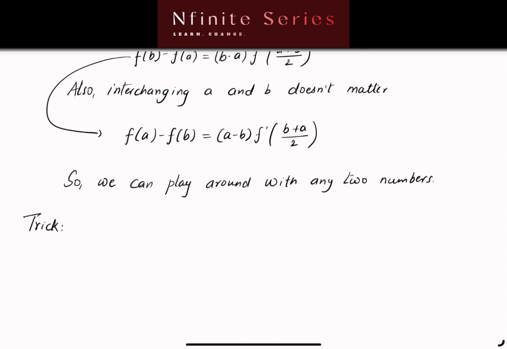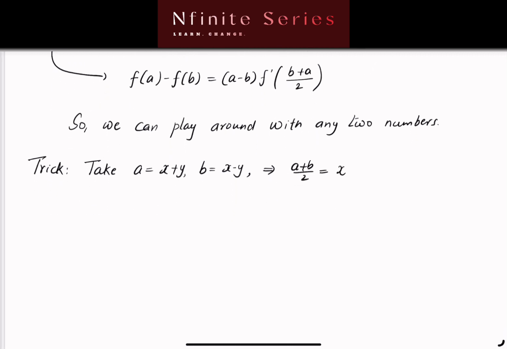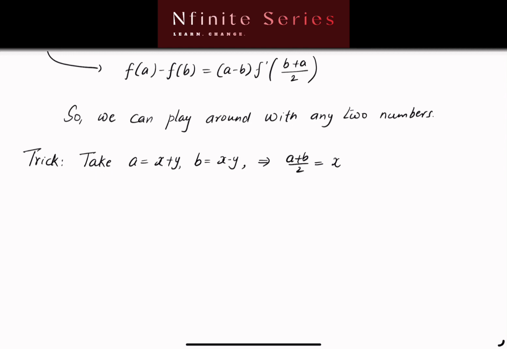So here is a trick. What you do is choose a equals to x plus y. Choose b equals to x minus y. This implies that their average, a plus b by 2, is simply x. So we lose one variable in the average.